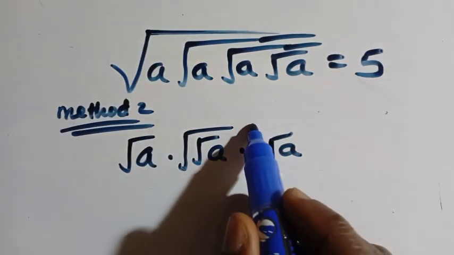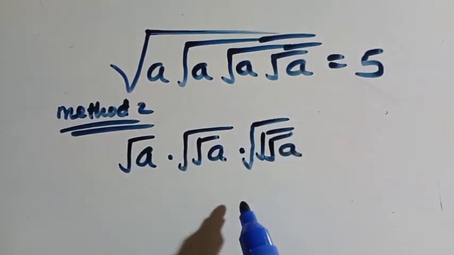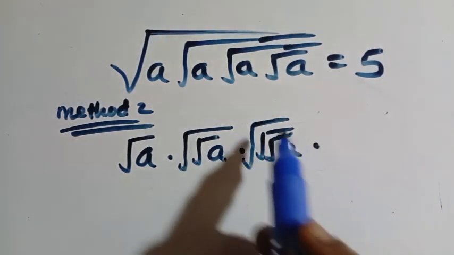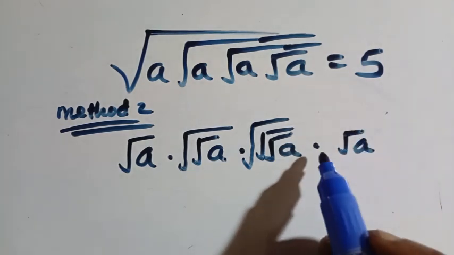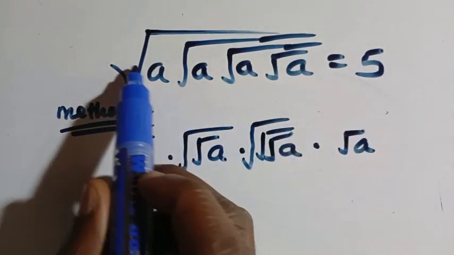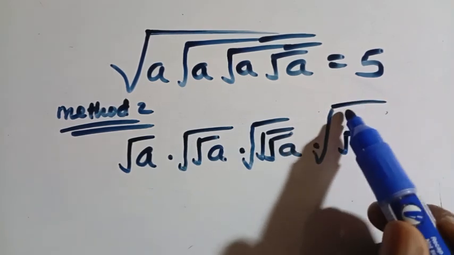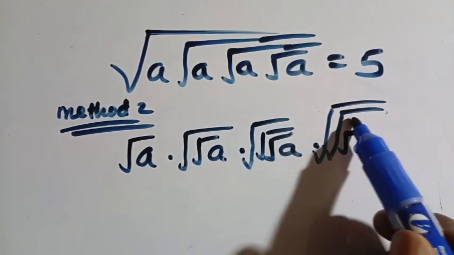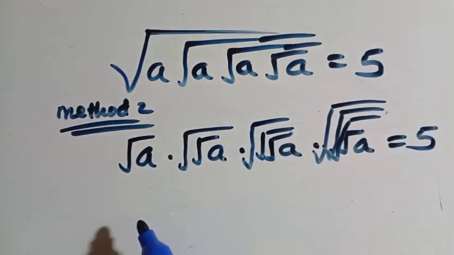So we put it as the square root of this, then multiply by the last one, the square root of a, which is also covered with 1, 2, 3 roots. So we have the square root of the square root of this equals 5.